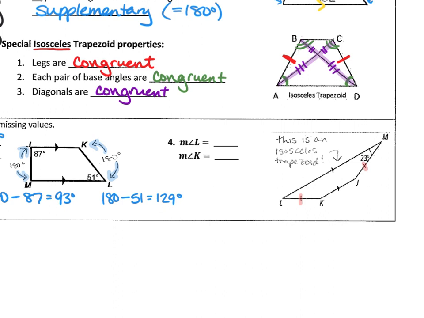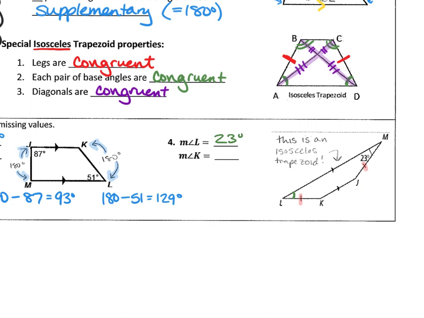If we're finding angle L, that means I'm looking for this angle right here. Well, that is a base angle. And property number 2 up here says the base angles are congruent. So if this base angle on the long base is 23, what's this one? 23. So that means angle L is 23 degrees.